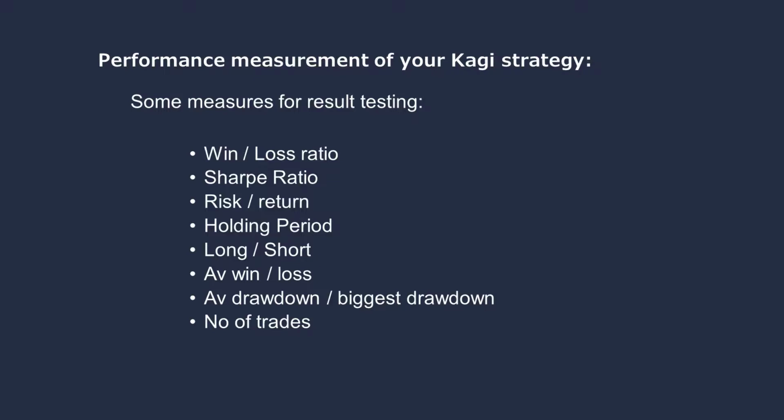Sharpe ratio is a very good measure of success and is used very much in the hedge fund world. Holding period, how long you're in the trades, whether you're long or short, your average win-loss, your average drawdown, biggest drawdown, number of trades. There are many more, but you can formalize all this in your trading plan and, like I say, make it part of your process, maybe weekly.